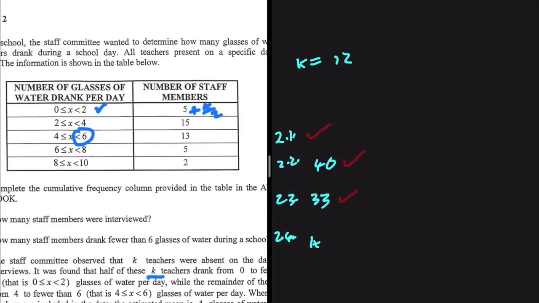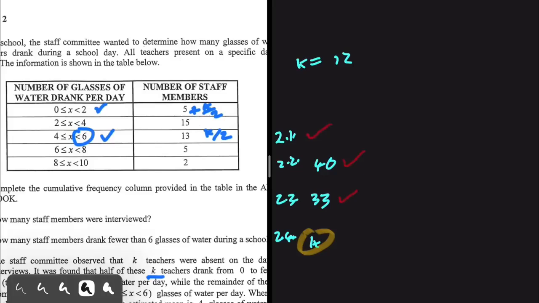So 4 to fewer than 6, we have another k divided by 2, okay? We have k teachers that were absent. Half of them drank between 0 and 2. Half of k is k divided by 2. And the remaining, which will be k divided by 2, drank between 4 to 6. So, yeah, the number of staff members for 4 to 6 is 13 plus k divided by 2.